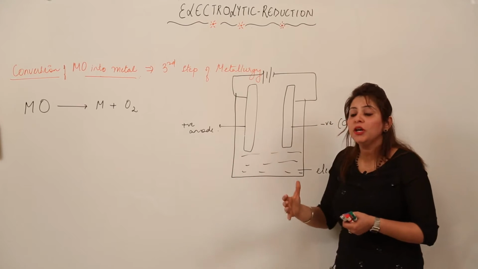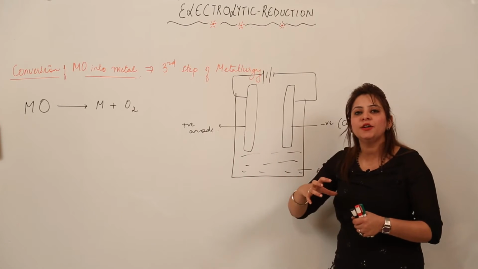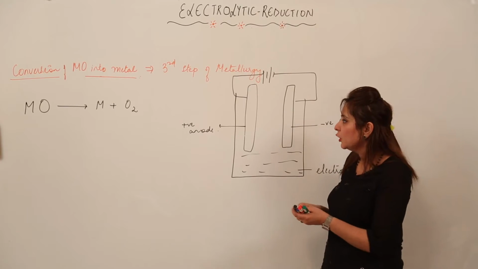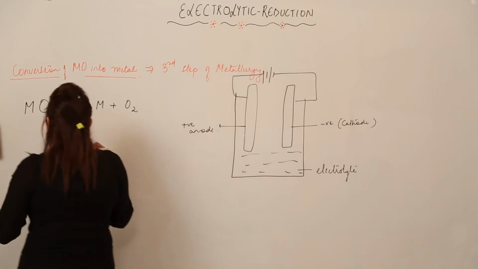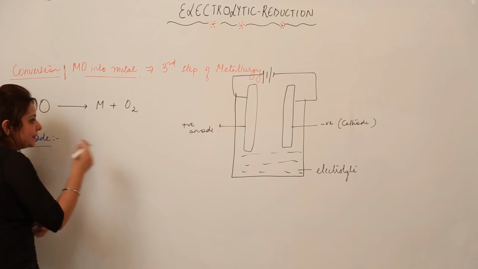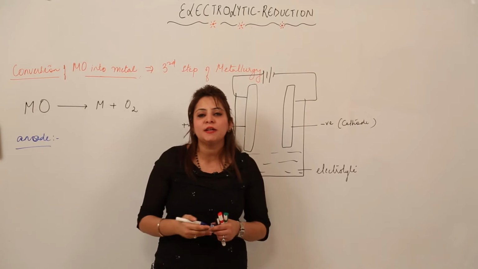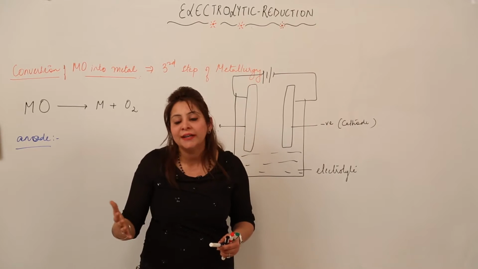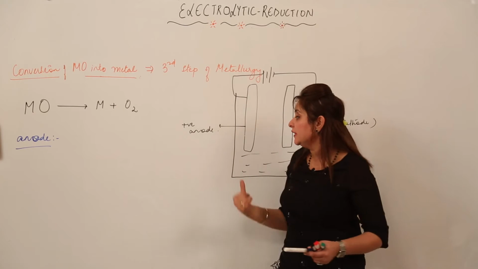So just look at the board to see what kind of anode, cathode or electrolyte we are going to use. As you are familiar with electrolysis, on passing electric current, the electrolyte will dissociate into ions, and it is carried out in an electrolytic cell.